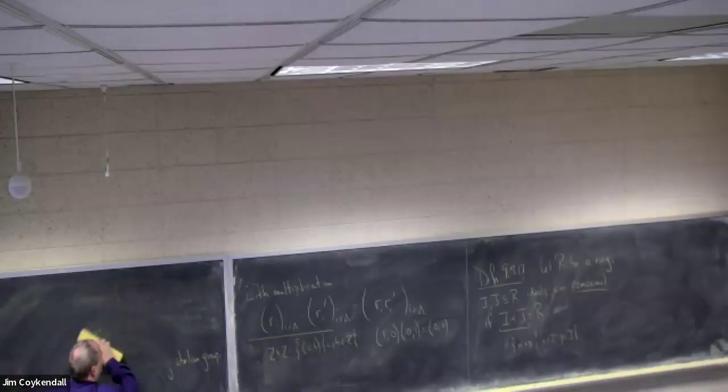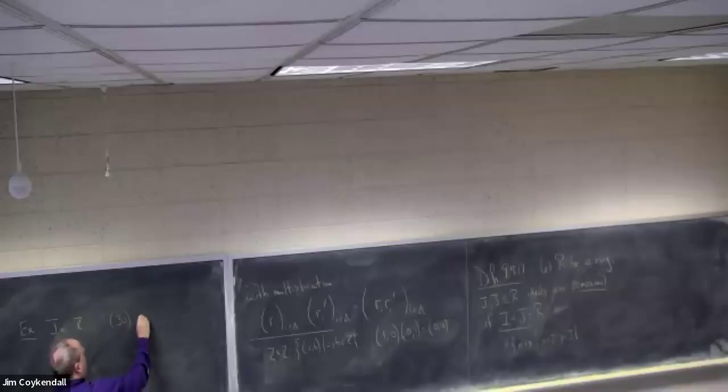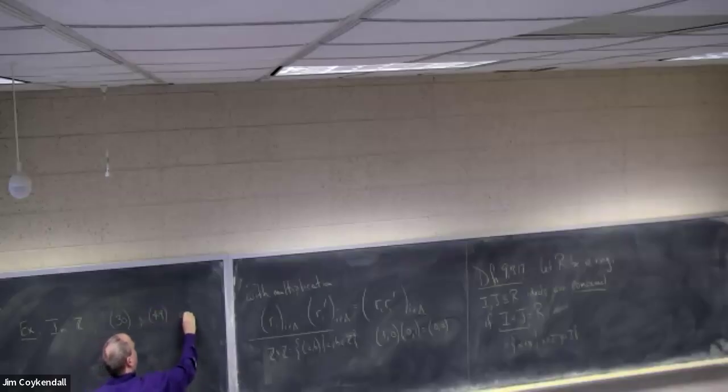So for example, let's see. The ideal generated by 30, so all multiples of 30, and all multiples of 49, these are co-maximal.